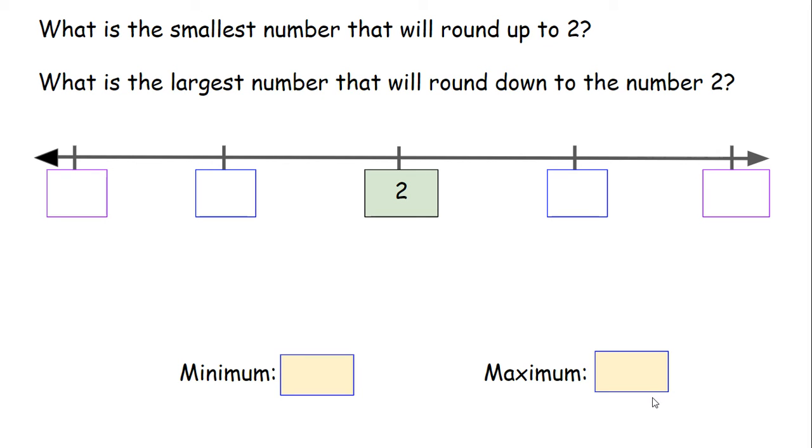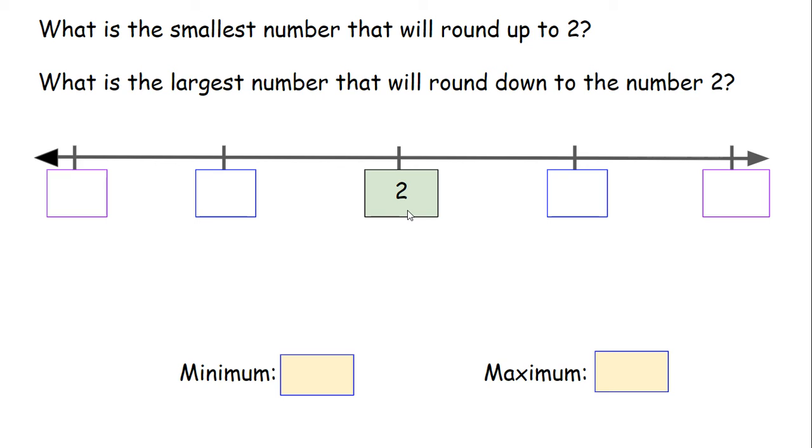Finally, we're going to figure out what the minimum, or the smallest number, is that will round up to 2, and the maximum, or the largest number, that will round down to 2. So on our number line, we can see we put 2 in the center because we're trying to find a number that's the smallest that will still round up to 2, and a number that's the biggest that's going to round down to 2.